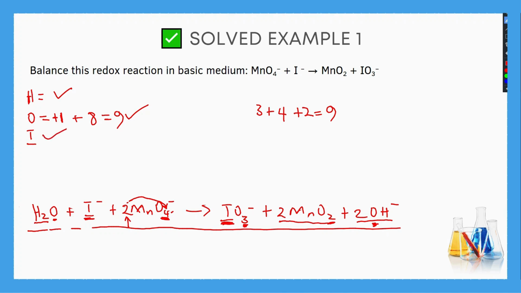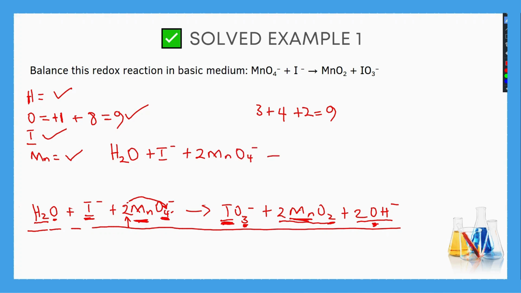So iodine is also balanced. And then for manganese, Mn, there are 2 atoms of manganese here and 2 atoms of manganese over here. Manganese is also balanced.